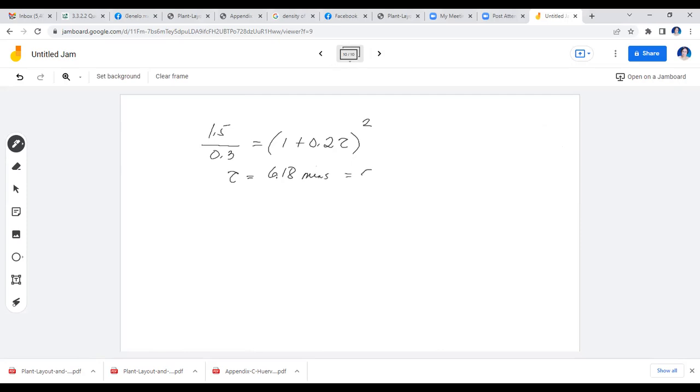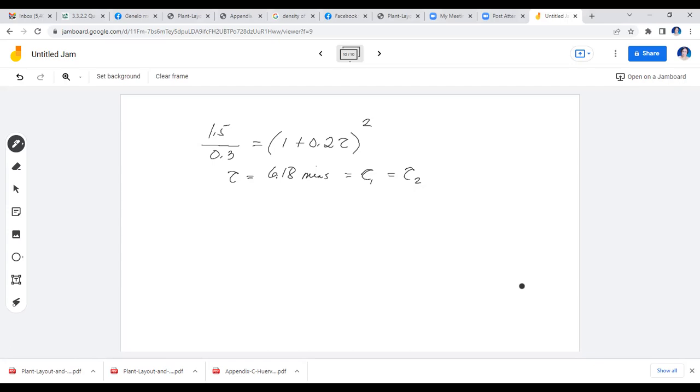This refers to the tau 1, also to the tau 2, because we have identical CSTRs in here. It was not mentioned that we have CSTRs of different sizes. So if it's stated as a battery or CSTRs in series, then it's okay to assume right away that they are identical.